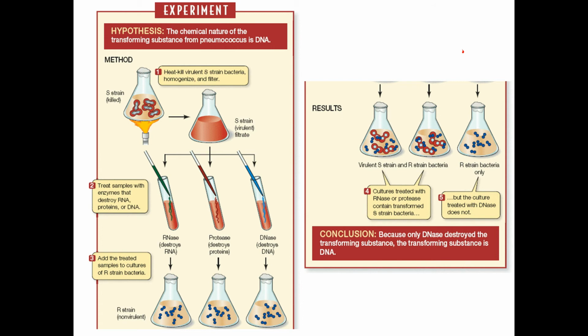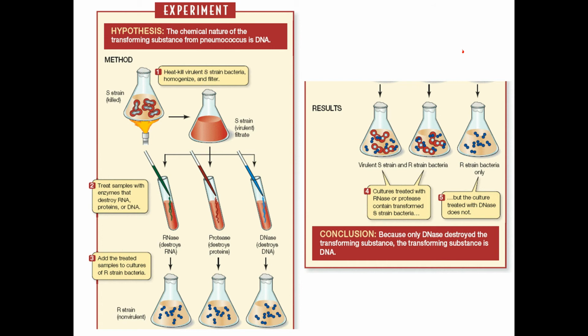To another test tube, you add protease. Well, the protease destroys the protein, so you're left with either RNA or DNA. And then, in another test tube, you would add DNase, which destroys DNA. So you're left with RNA, and you're left with proteins.